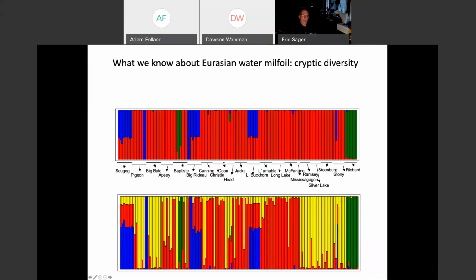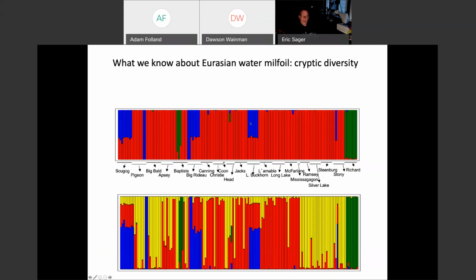And these are all plants that were collected at a series of lakes throughout Ontario, and the blue represents what we think of as the native milfoil, northern water milfoil. The red is Eurasian water milfoil, what we typically call type 1. Green is another genotype of Eurasian water milfoil.